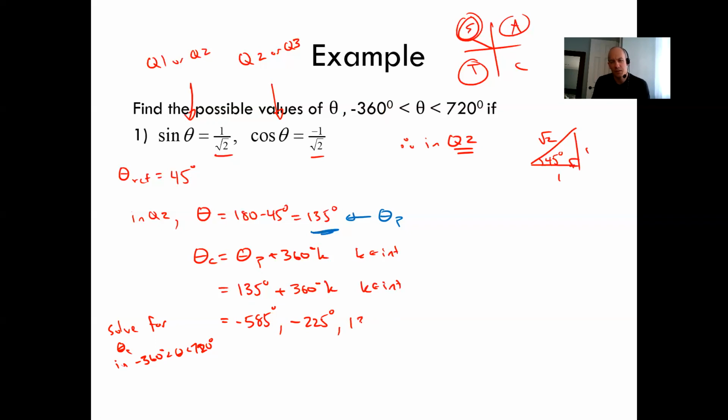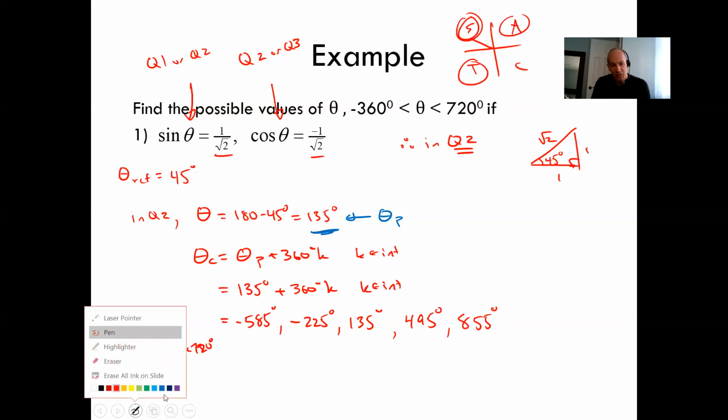Going in a list here, that's 495, and then we'd add 360 again, which would bring us up to 855, and then we really don't need to keep going.